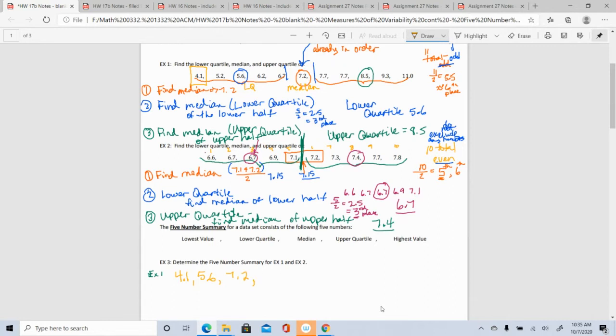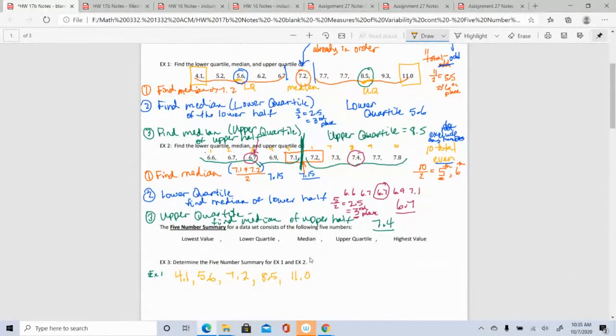And then we have the upper quartile, which was my 8.5, comma. And then we have the very highest or biggest value, 11 or 11.0. So there's your 5-number summary.